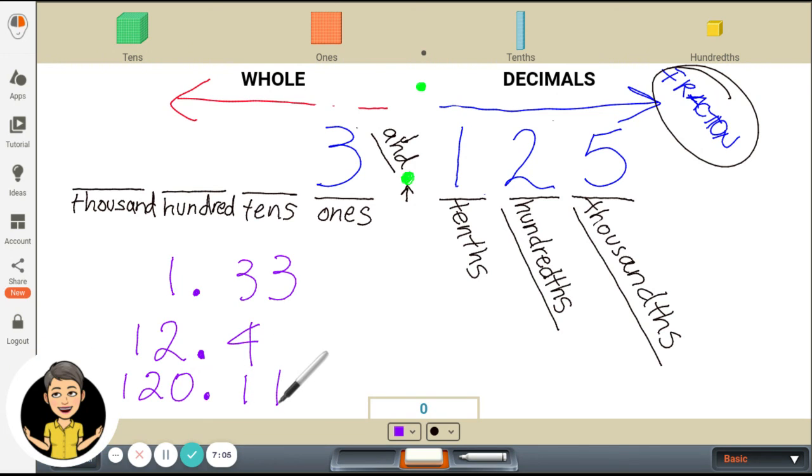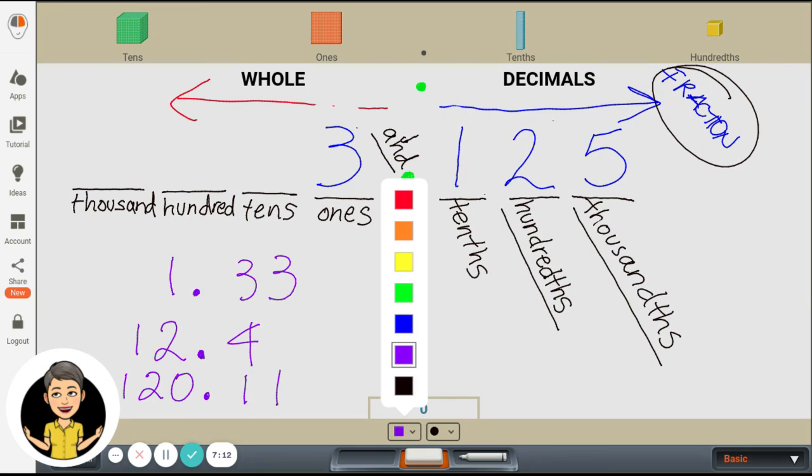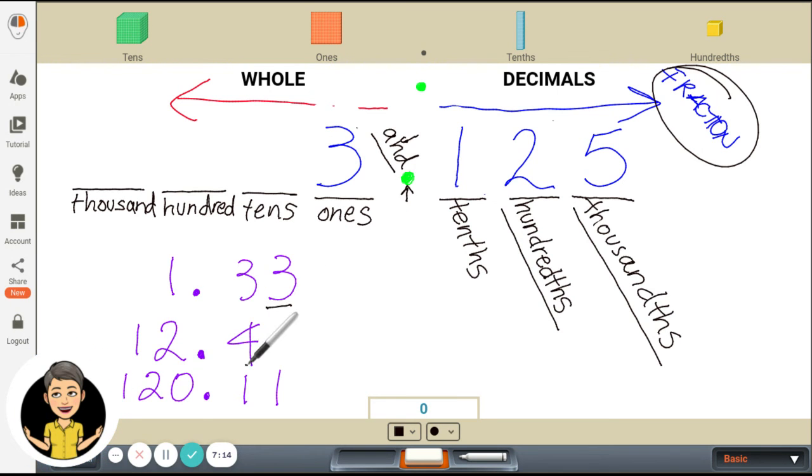How can you read these numbers? Just remember, whenever you're reading decimals, the last decimal that you have on the decimal side is the one that gives the number the decimal name.